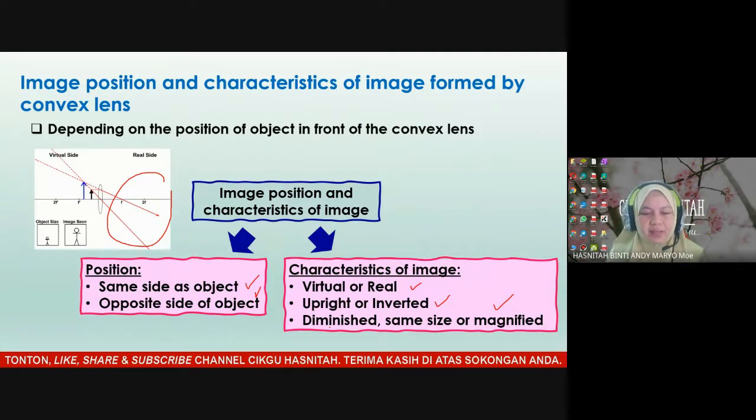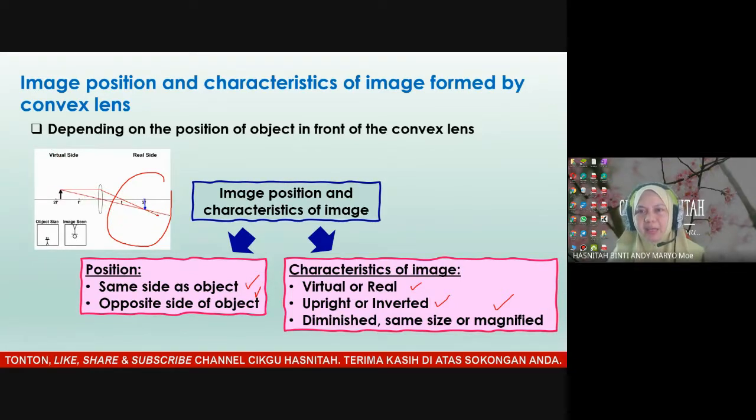Then down there, you can see there are real image and virtual image. So what is a real image, students? A real image is the image that can be formed on the screen. You write that, can be formed on screen.